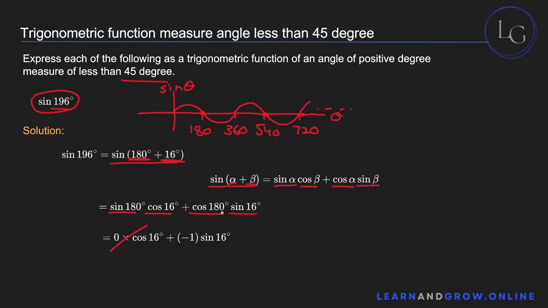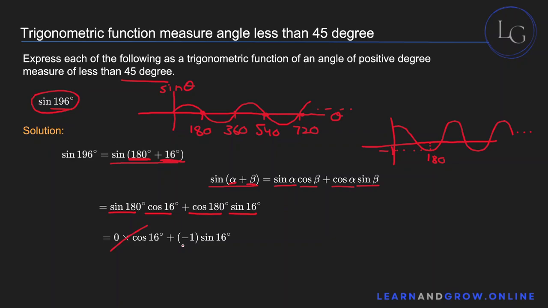And cos 180, well, you draw the graph of the cos function as well. Now you know the cos function starts here and then it goes like this. This is one cycle, this is two cycles, and so forth, right? And you know that at 180 degrees, which is here, the value of the function is -1.